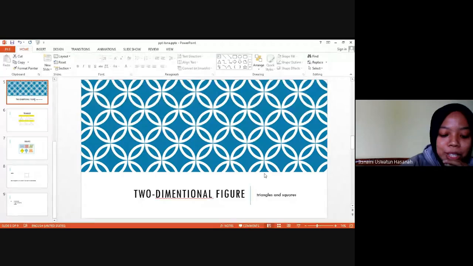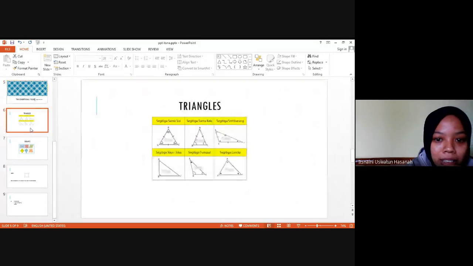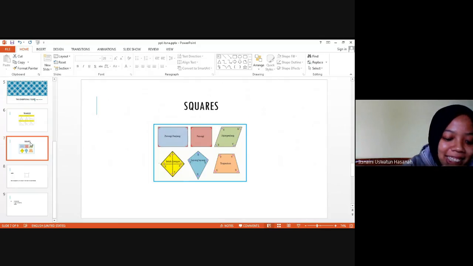Types of square: square, rectangle, parallelogram, rhombus, kite, and trapezoid.